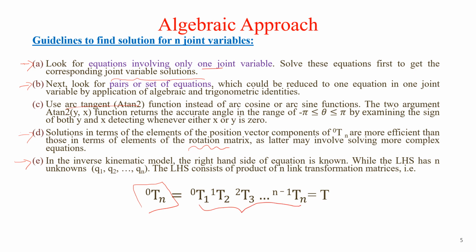So in this transformation matrix, you will have all the unknown values, the joint variables that you need to determine, and the right hand side of this equation is known to you.